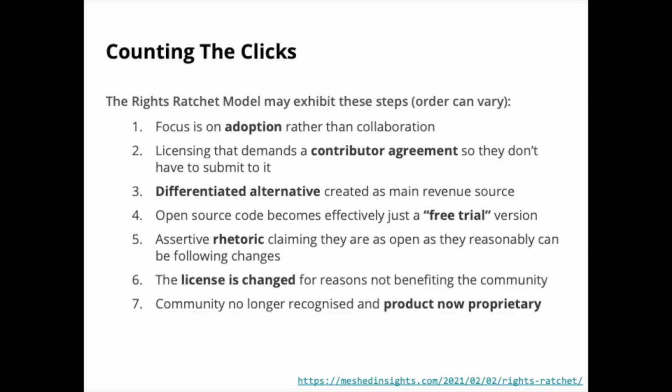Typically, a rights ratchet product will have a contributor agreement. Now, contributor agreements have been controversial from the very beginning, and contributor agreements are used in environments like the Apache Software Foundation and by the FSF, and one can argue that they are less harmful in those environments. However, I believe that the Apache Software Foundation's contributor license agreements are unnecessary, because I believe the Apache license conveys all the rights necessary for an Apache project to be used by all of its community.